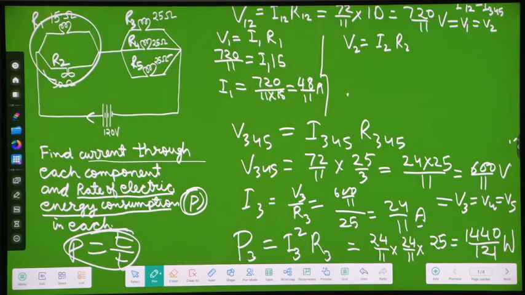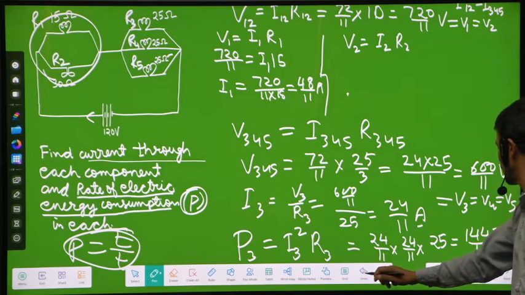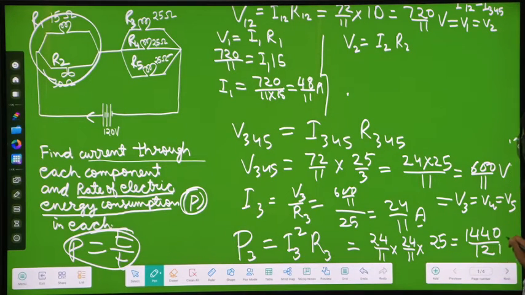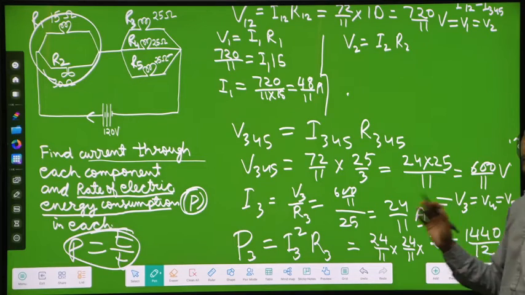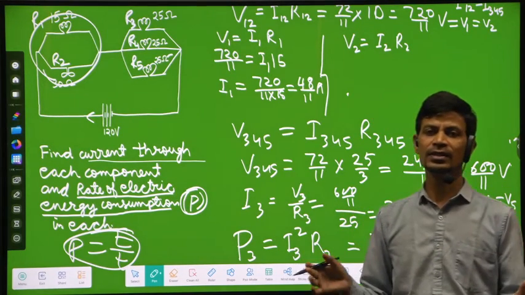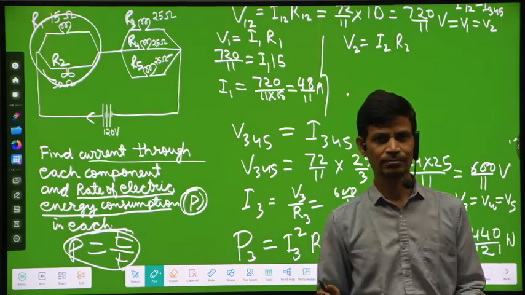I am leaving it here, but if you solve it, try to divide it also and find the answer up to the first decimal place.